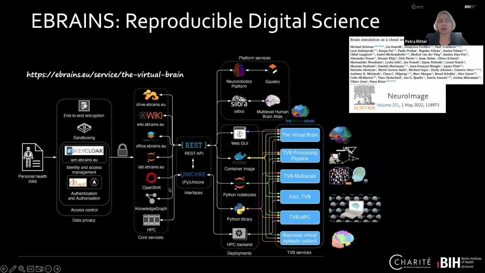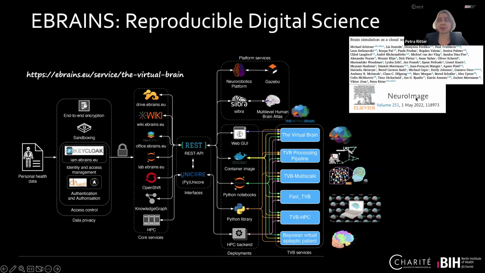There are several standardized APIs and interfaces, and research software developers can interface their software products with the core infrastructure elements of eBrains. And we have interfaced different components of the virtual brain software to this infrastructure to make it directly and easily accessible to everyone.